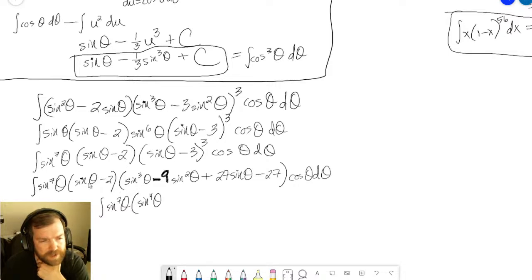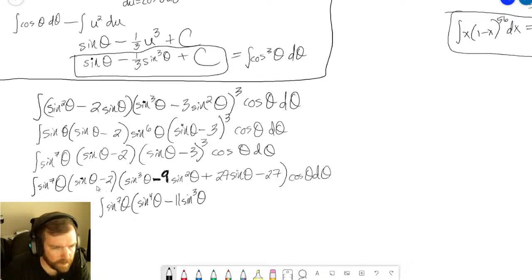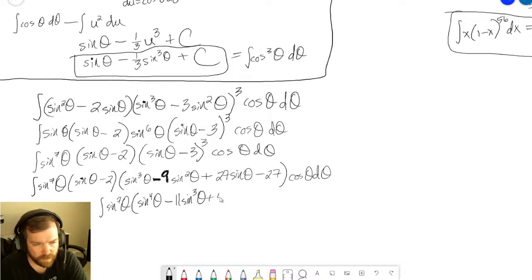So this is going to be a minus 2 and a minus 9, a minus 11. Now squared is going to be negative 2 times the negative 9 is positive 18 sine squared. And a sine times the sine here is also going to be sine squared. So that's 18 and 27 is going to be 45 sine squared theta.